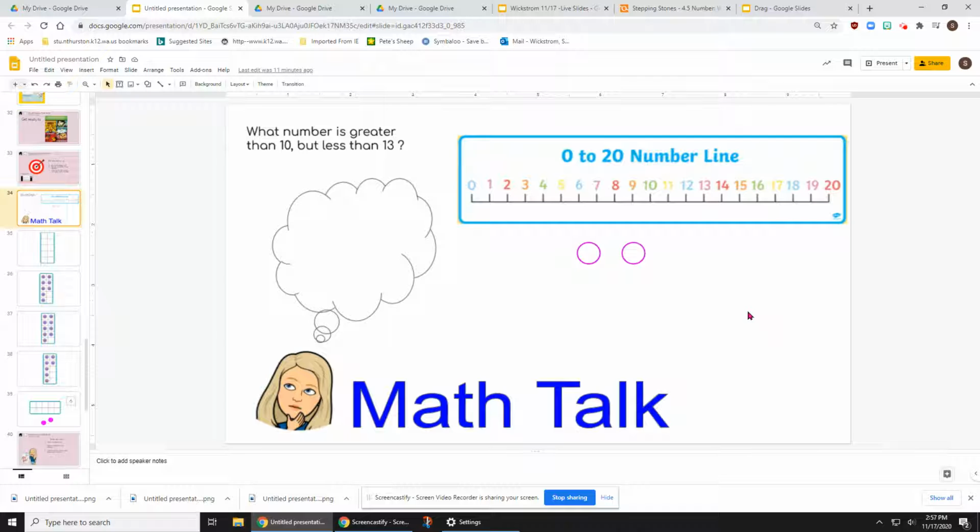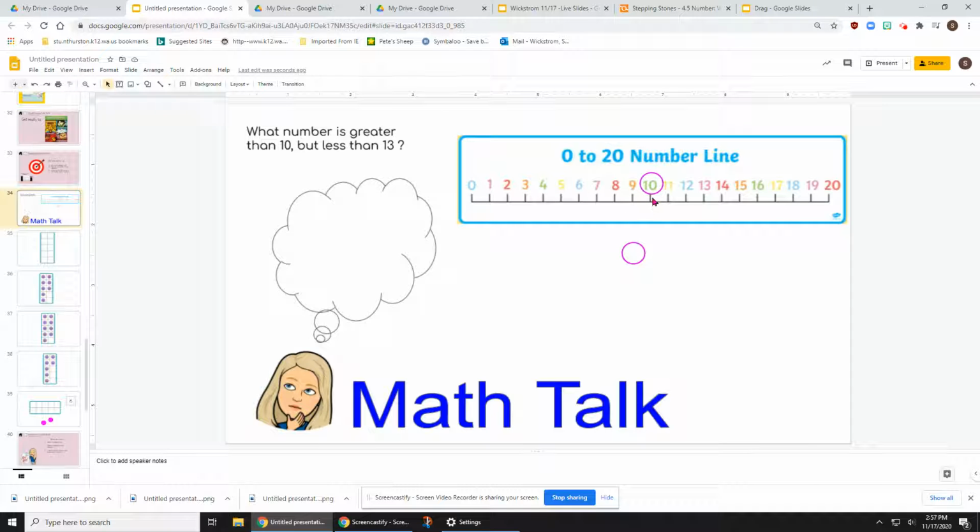Let's go over it together. We know we need to find a number that is greater than 10. So I'm going to take my little circle and I'm just going to move it. I'm going to circle 10. We know that on the number line, anything that comes before 10 is less. So we know it can't be any of the numbers here.